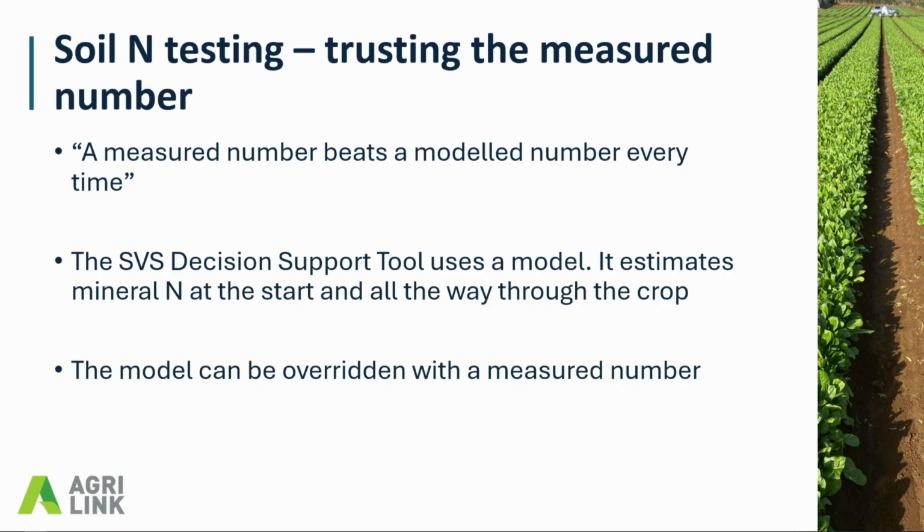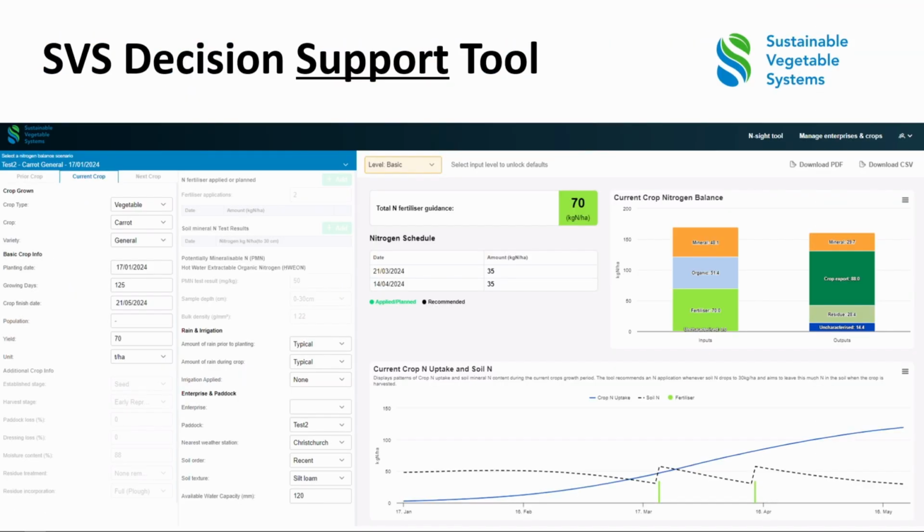The advantage of this particular tool is that you then override that with a measure, right? Nobody is growing in an average season, and all models invariably are based on an average season. Not too many growers will say otherwise. The benefit of soil nitrogen monitoring is you can override that model with this.